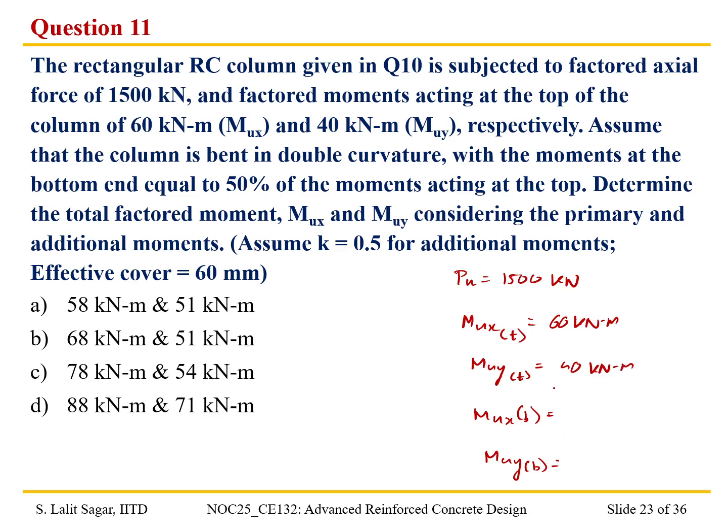And then the column is bent in double curvature, and the moment at the bottom ends are equal to 50% of the moment acting at the top, that is 30 kilonewton meter and 20 kilonewton meter. So these are the moments that we have.